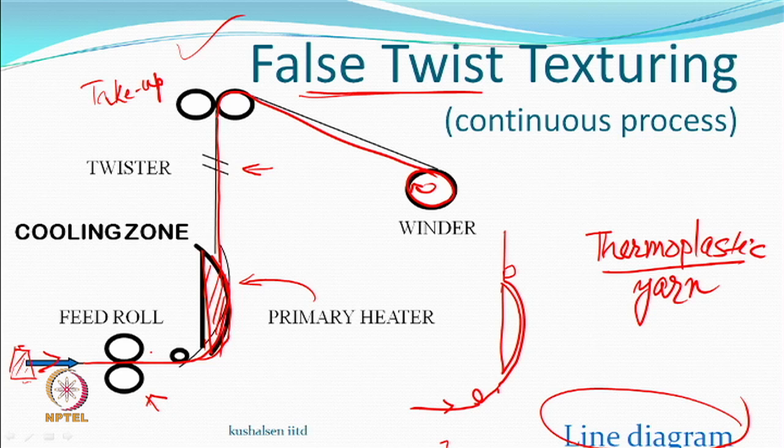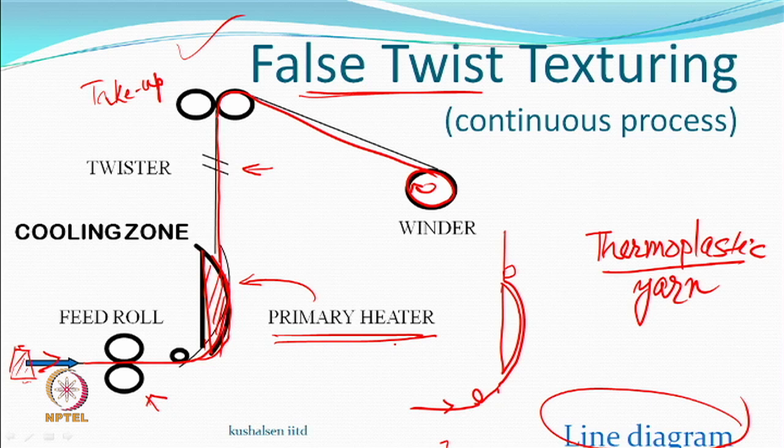In between, what we have done also is there is a primary heater that has been put. The word primary here comes because in a next machine we can see there can be a secondary heater also. So, what have you got? You have twist and detwist taking place because of false twisting, and when the material is in the twisted condition, you are putting a heater there.